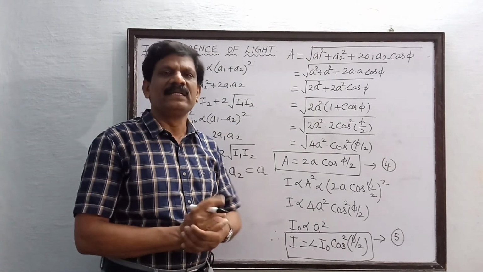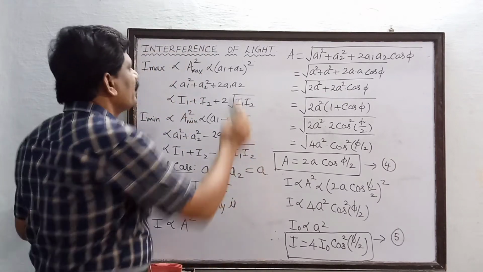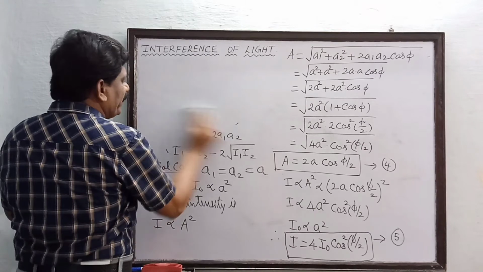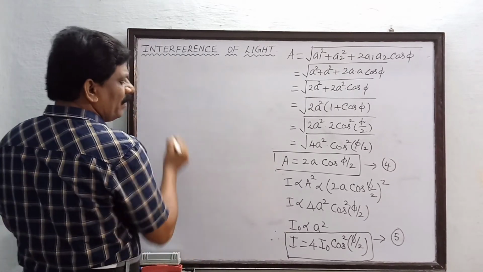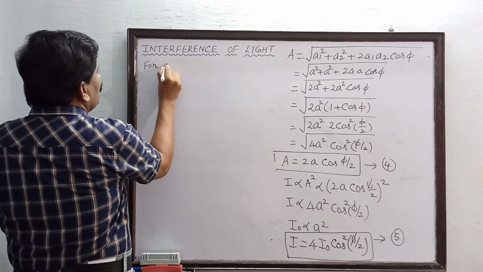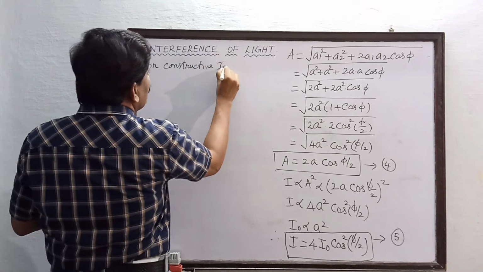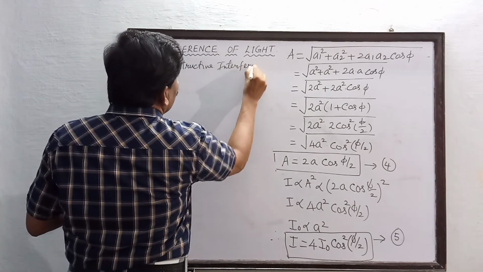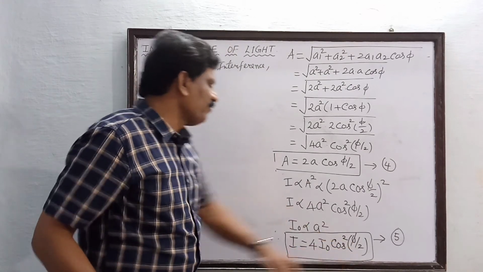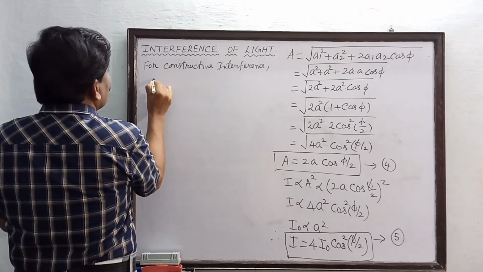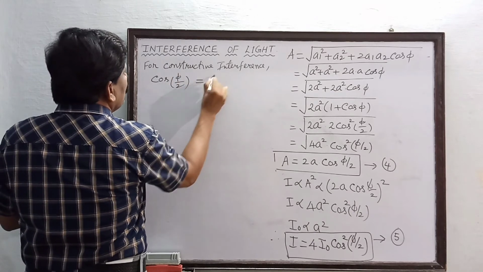Now the resultant intensity will be maximum during constructive interference. So what is the expression I am going to derive? For constructive interference, this cos square phi by 2 will be equal to 1.